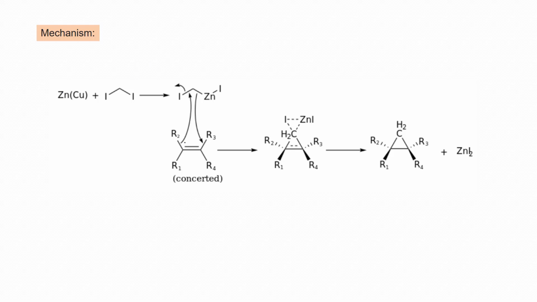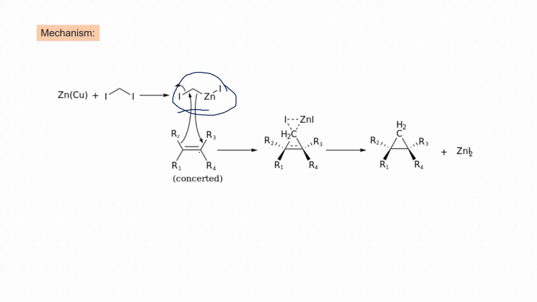This is our Simmons-Smith reagent, which can be formed using zinc, copper and CH2I2. When this reagent is formed, it attacks from a single face of the double bond, and we get our cyclopropane compound. The carbene takes 2 electrons from the double bond and gives them back to the other carbon of the double bond.